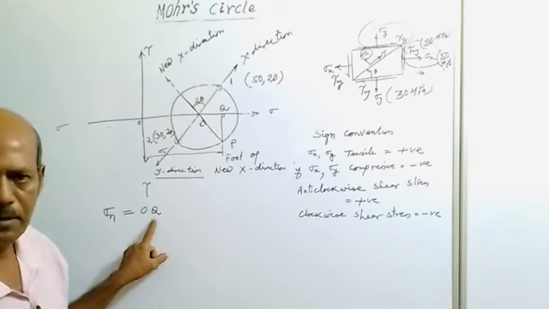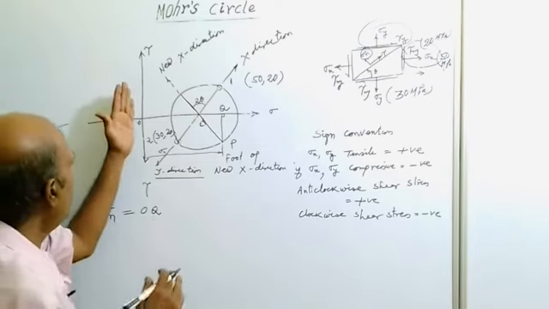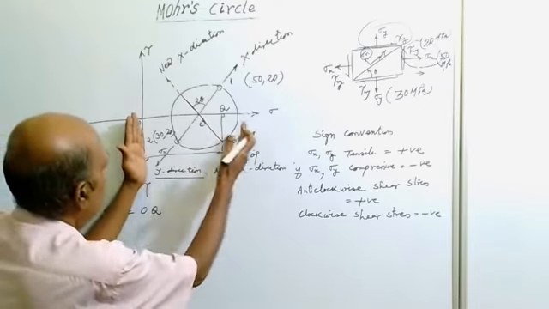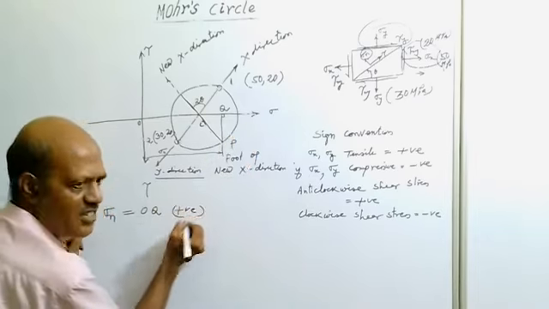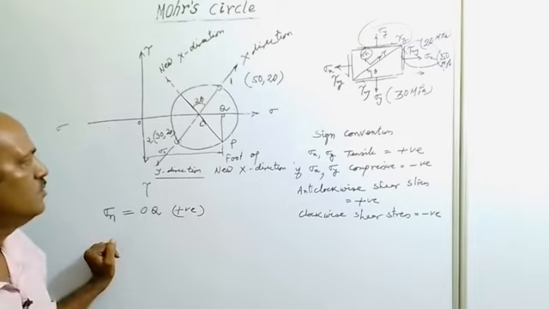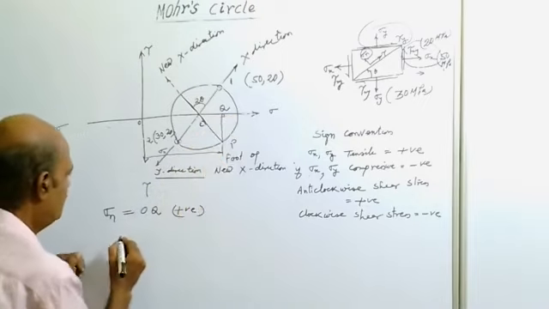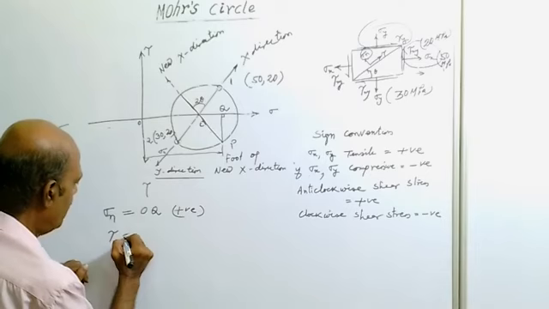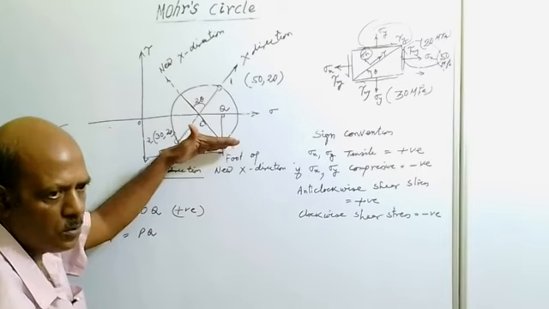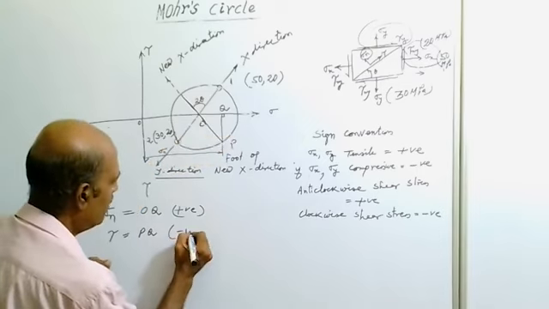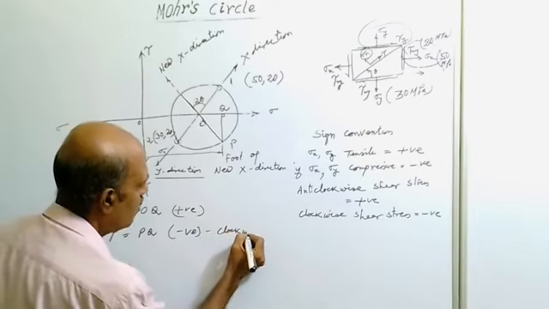So you will get sigma n value on the inclined plane. As this sigma n value is towards the right, it will be a positive one. Positive stress means tensile stress. Now if we measure the distance PQ, that will be your tau value. You can see it is below, that means it is negative, and that means this is a clockwise stress.